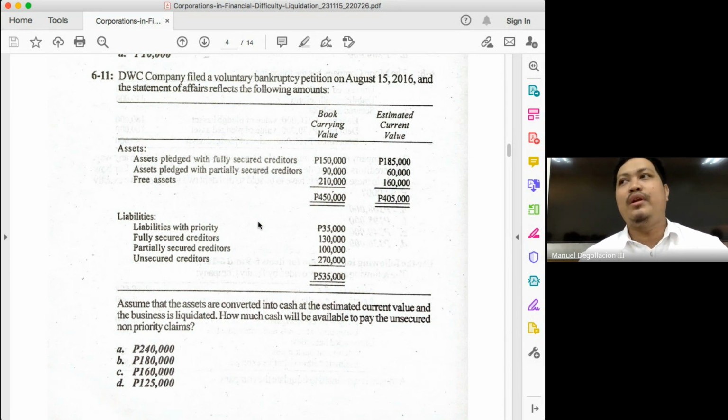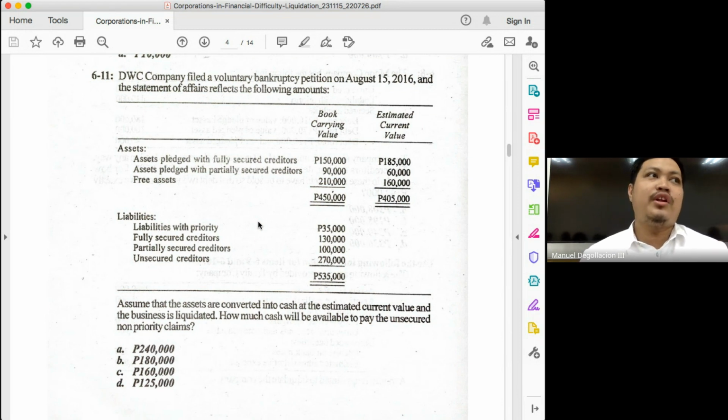The fully secured will get 100% because assets are available to pay them off based on contract. And then unsecured with priority will still get 100% even though no security is available, because by provision of law, they will have to be guaranteed.